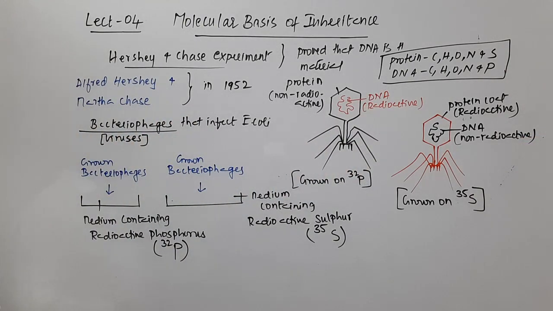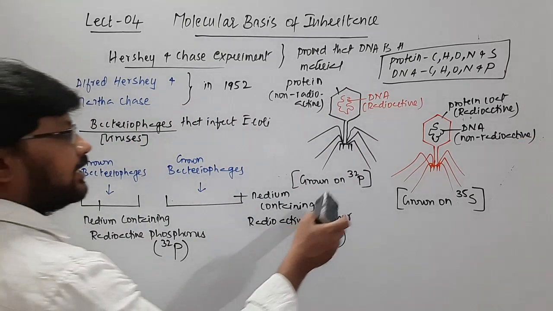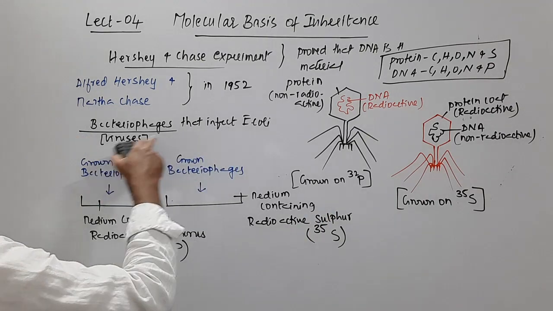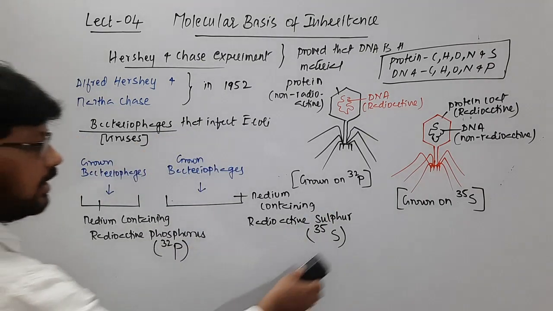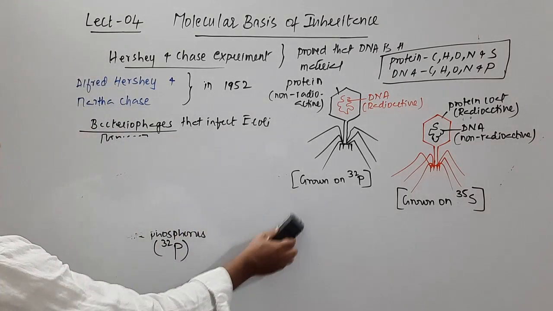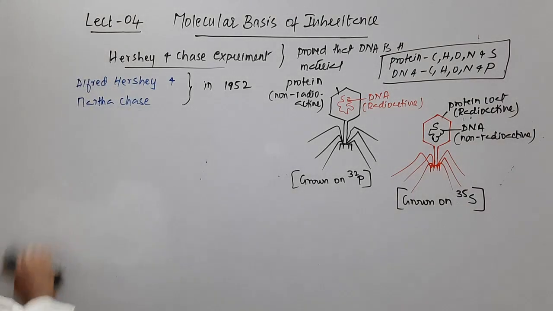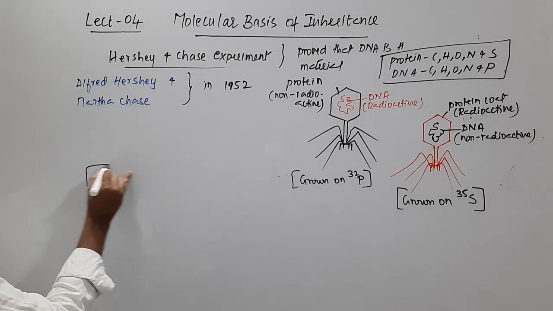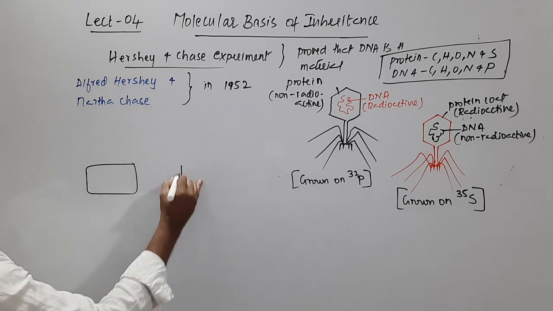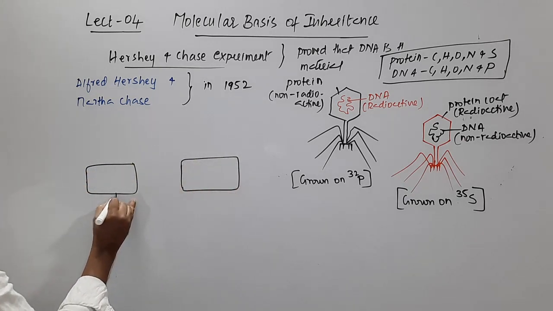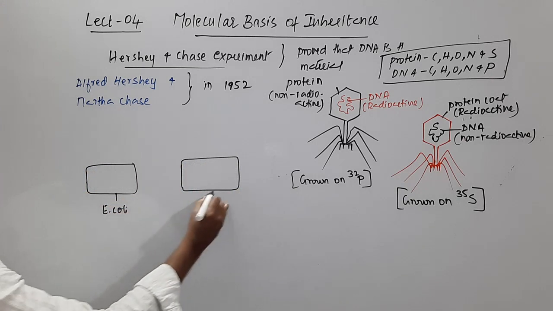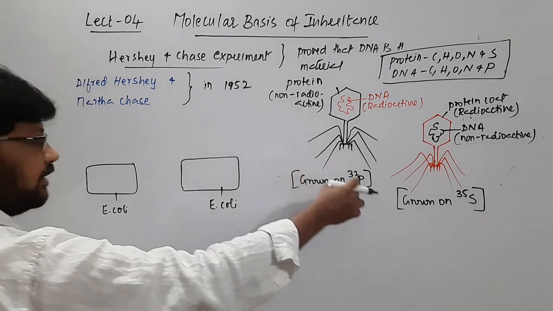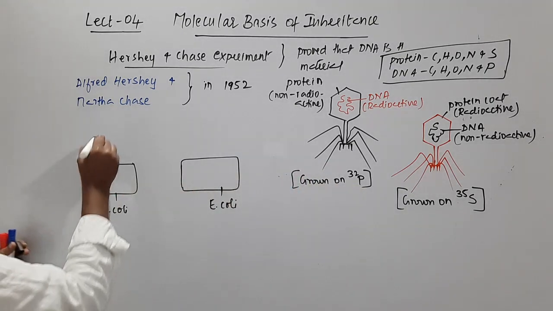So now what they did, they allowed these bacteriophages to infect E. coli. So these are E. coli bacteria, and they allowed these bacteriophages to infect them.